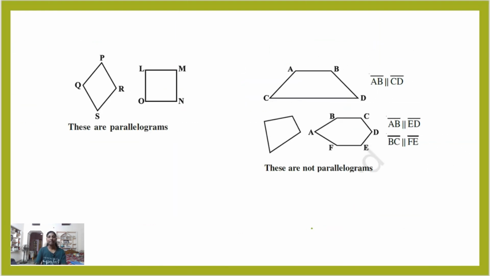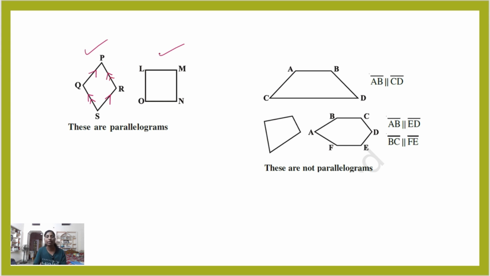So friends, here we have some figures. Here these are parallelograms. See this figure and this figure. Why are these parallelograms? Because here PQ is parallel to SR and SQ is parallel to RP.